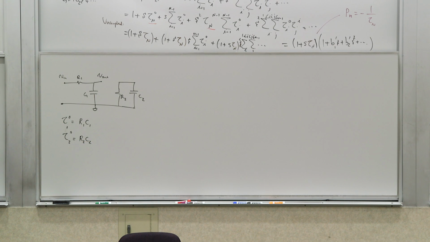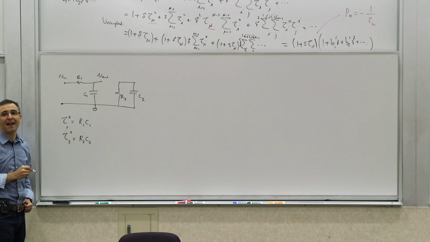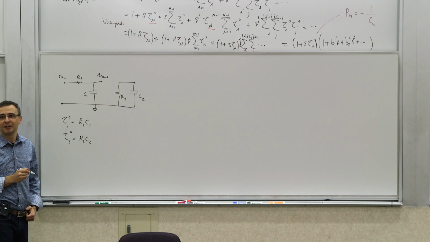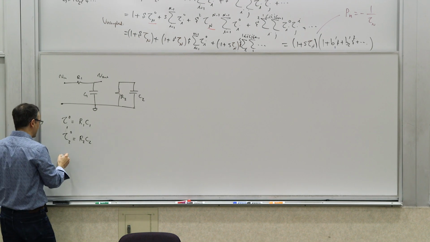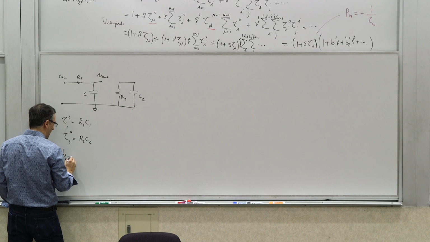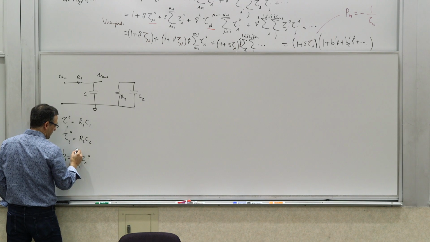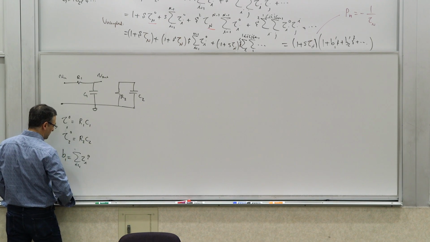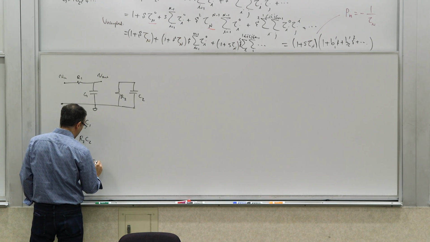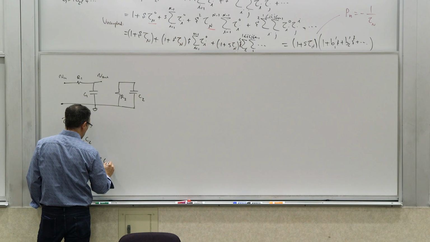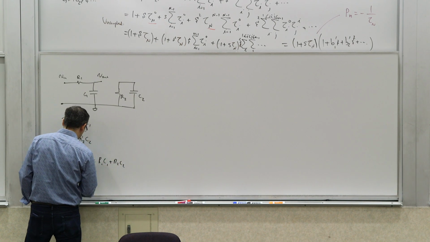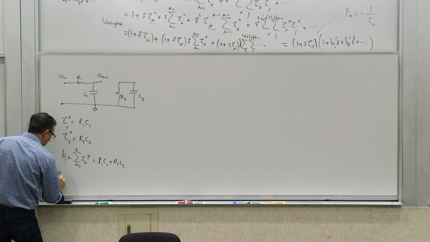So if I try to estimate my bandwidth, will I get a correct result if I just add the sum of the time constants? If you say B1 is the sum of the zero value time constants, this is true. B1 is the sum of zero value time constants, which is R1 C1 plus R2 C2. But then I try to use it to estimate the bandwidth.